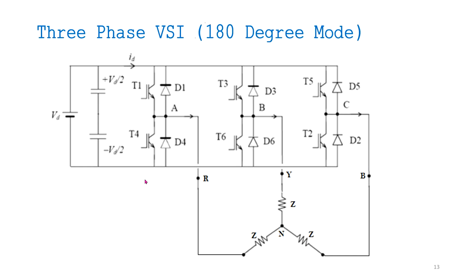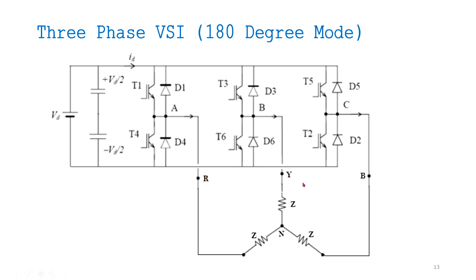BJT has limited switching frequencies, and however, MOSFETs have a high on-state loss. Both of these things are compensated in IGBTs. This is a star connection, and we can see that between T1 and T4, it is connected to R, and N is the neutral point. There are three equal impedances.